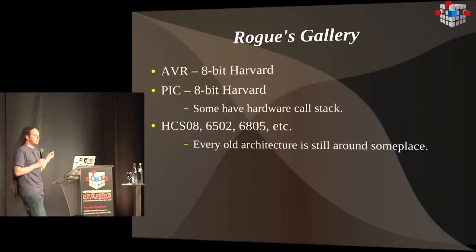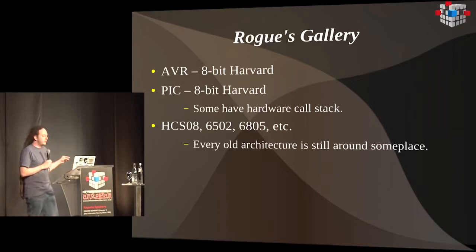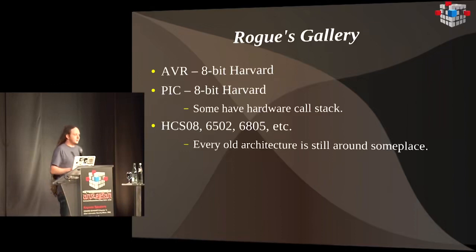You also have AVR chips and PICs. AVR is what's used in the Arduino. A PIC is used in everything. There are satellites running PICs. God help us. There are also all sorts of architectures that are sort of split off from things that were popular in the 80s. So the 6502 and the 6805 and the 68000, all of those still exist in embedded systems.